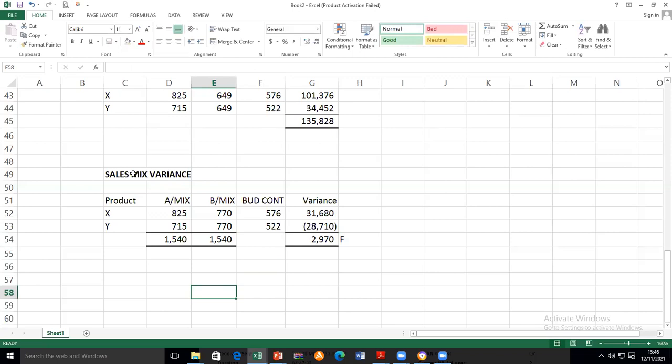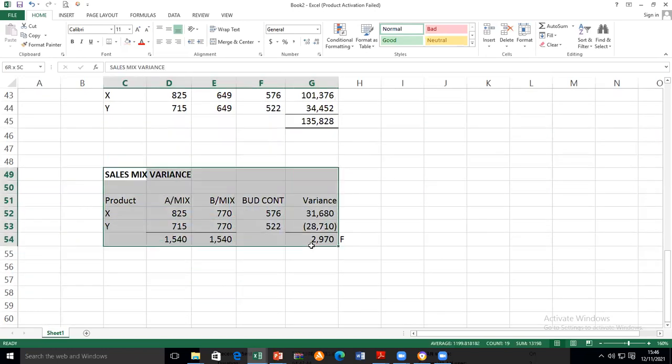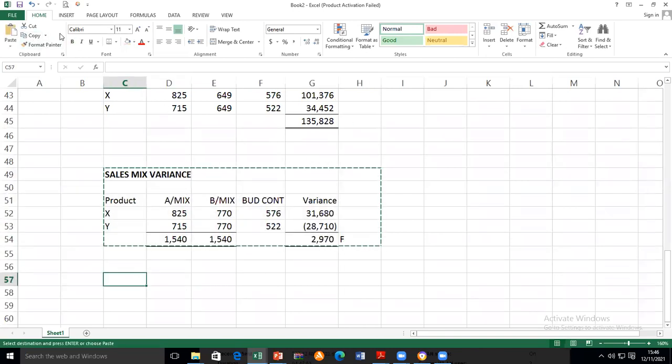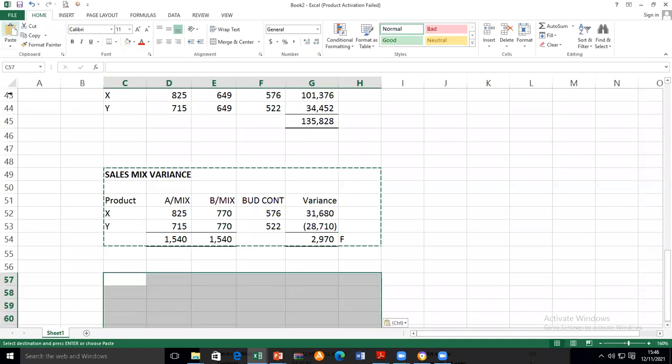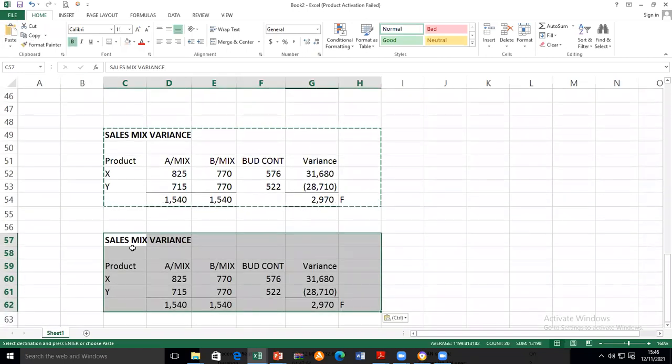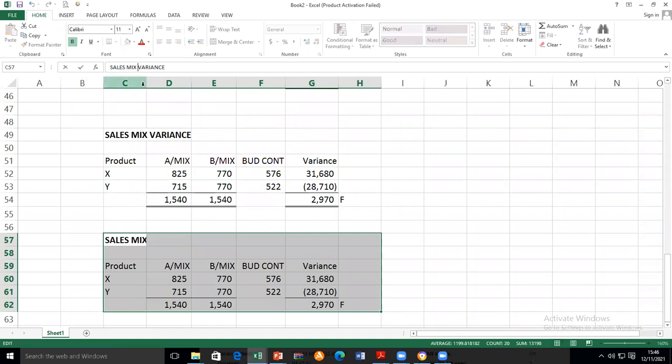What of quantity? Who remembers how we get quantity? What's the clue? Sales quantity variance. The one that was calculated, the 770, this becomes the actual mix.